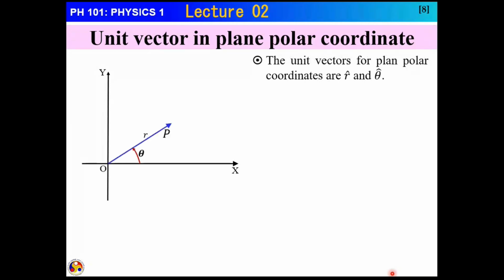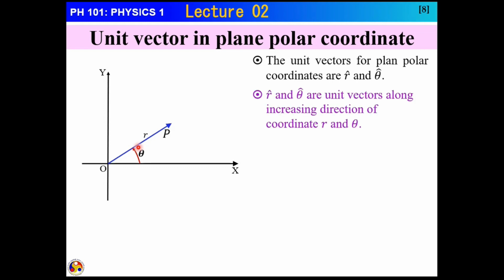So here we have two unit vectors, r cap, which is along r, and theta cap, which is along increasing direction of theta. So r cap and theta cap are unit vectors along increasing direction of coordinates r and theta.